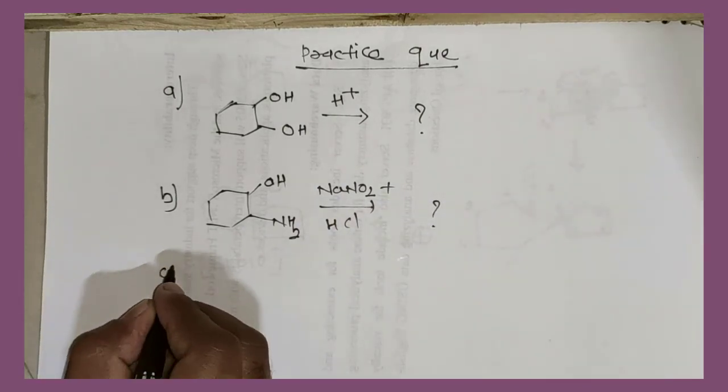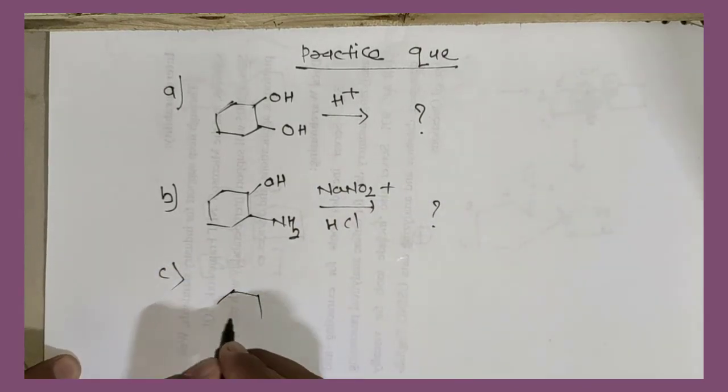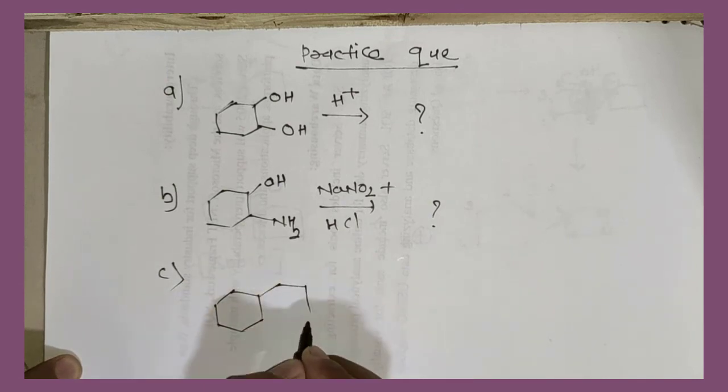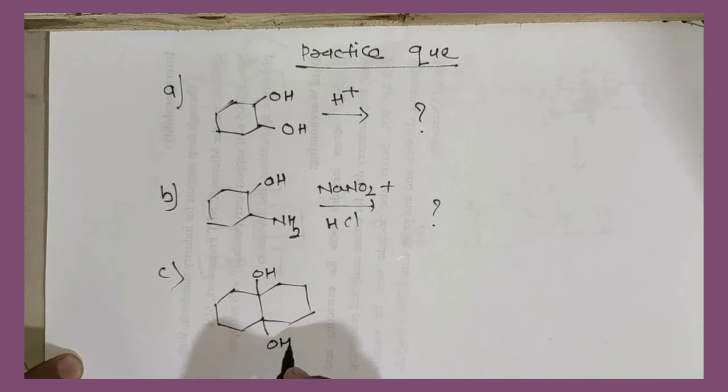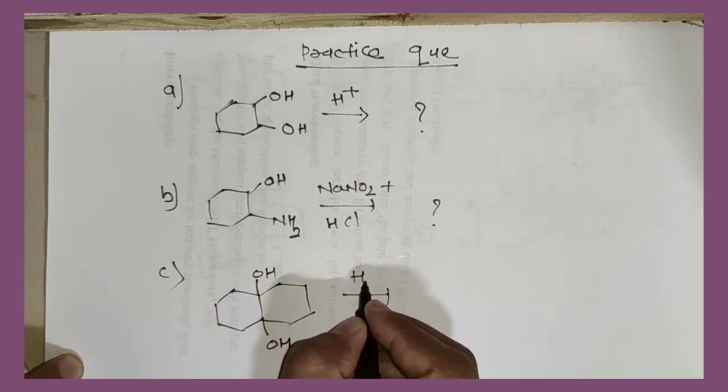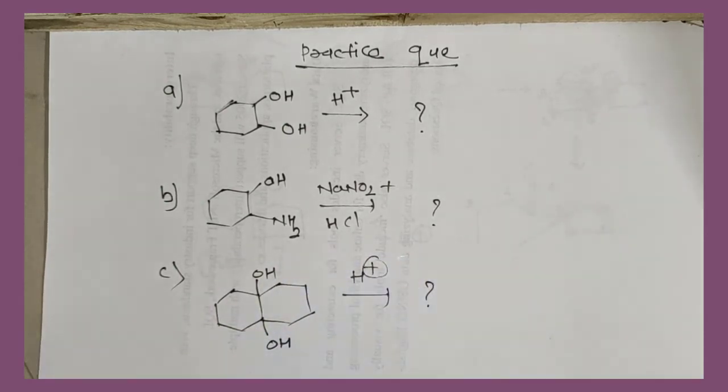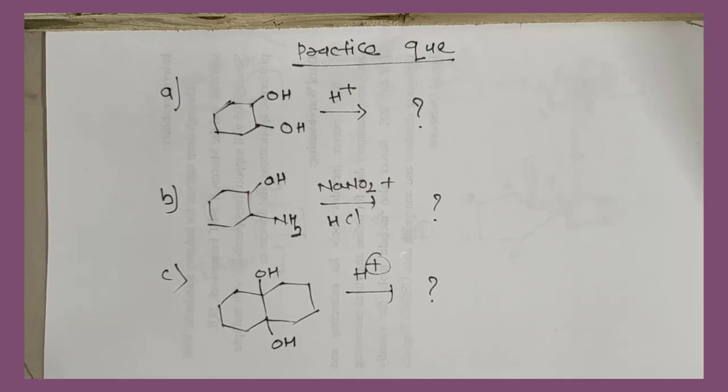Let me take one more example. Suppose one OH is here and the second OH is here. So by using acid catalyst, you have to give me the final product. So these 3 questions you have to solve by yourself, and in the next lecture you have to give the final answer, right? Thank you. Have a happy learning.